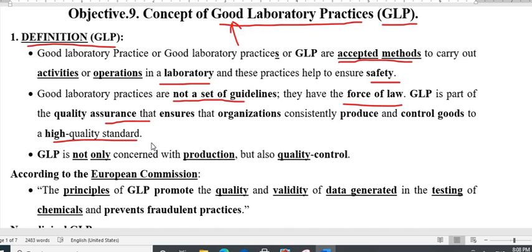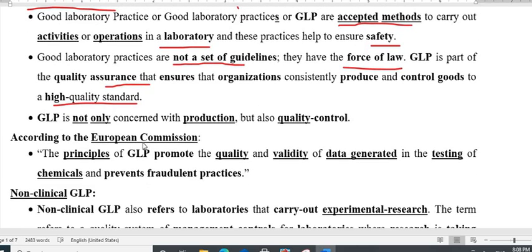So this is about the GLP. GLP is not only concerned with production, but it is also about quality control. So this is not only the definition, but the detail about the concept of GLP.